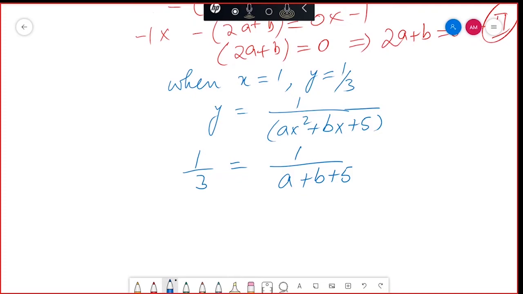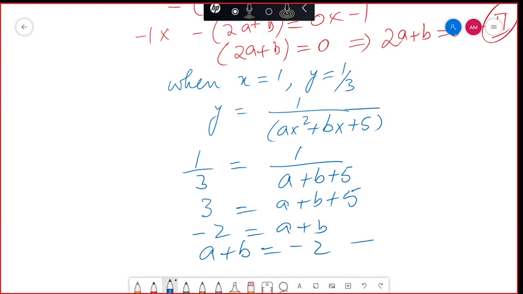Can we flip both of them? Yes, we can flip both of them. So it becomes 3 equals a plus b plus 5, and then a plus b equals minus 2. This is our equation 3.